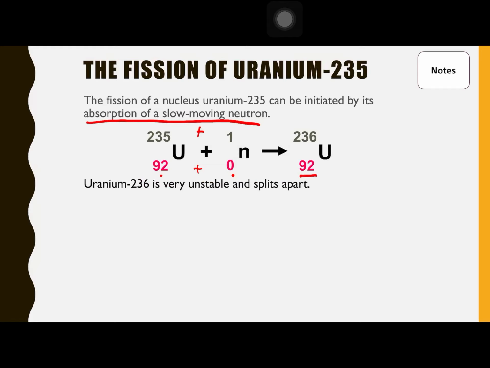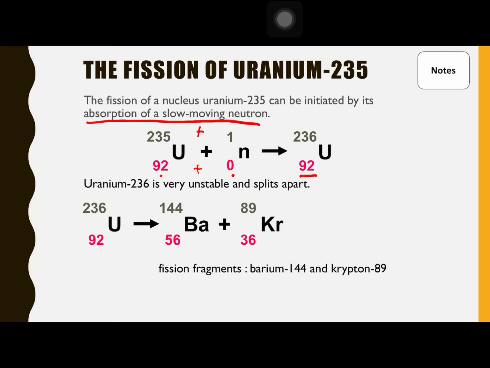Now uranium-236 is very unstable, so it splits apart and gives us two different fission fragments. Once again, take the top numbers and add them together, and take the bottom numbers and add them together. Do you get what is given on the left-hand side? If you take 144 plus 89, you get 233.